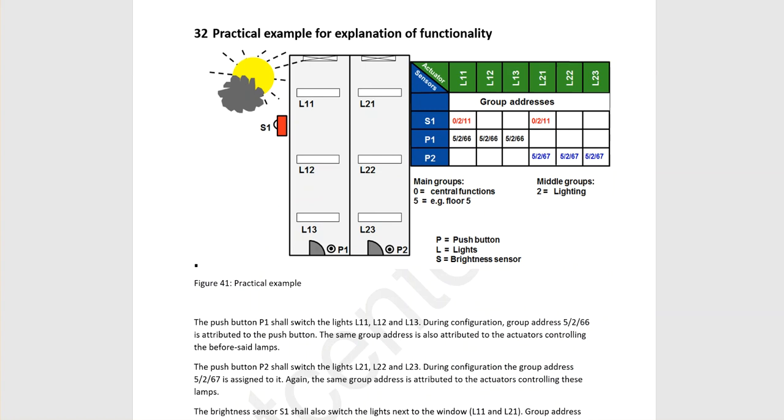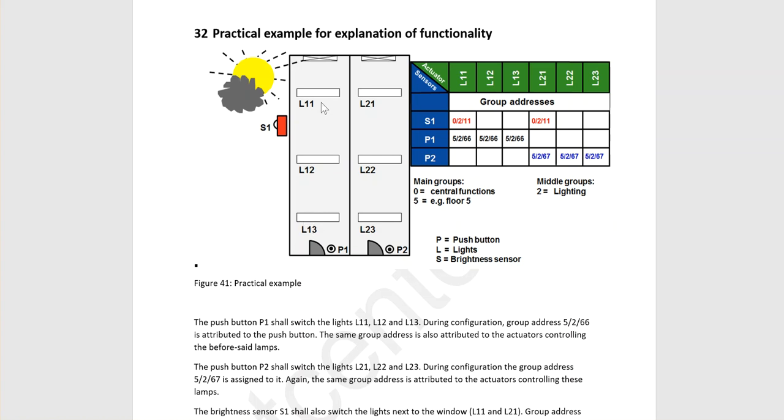Let's have some example about the filter table and how it is created in the ETS. Interesting. So now we have the example. In this example there are 2 rooms. In each room there are 3 lamps. In room 1 there are lamps L11, L12 and L13.